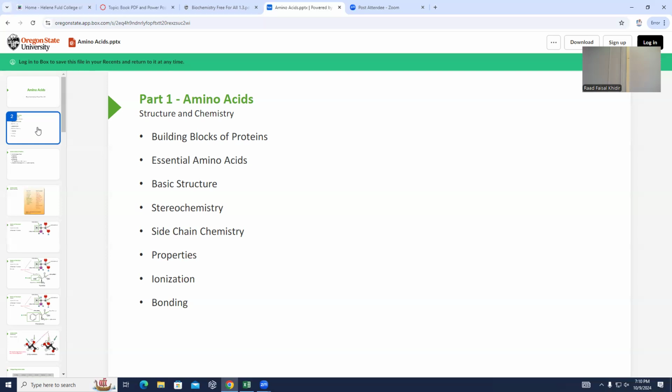And they have an alpha carbonyl on the right with an OH, that's acidic. Then on the left has an amino with 3 H's.